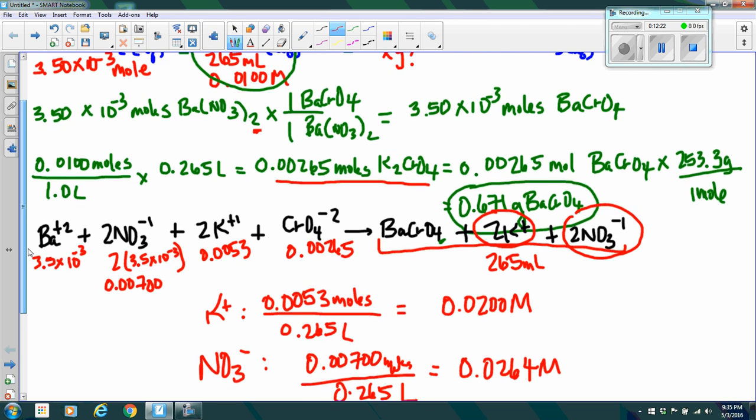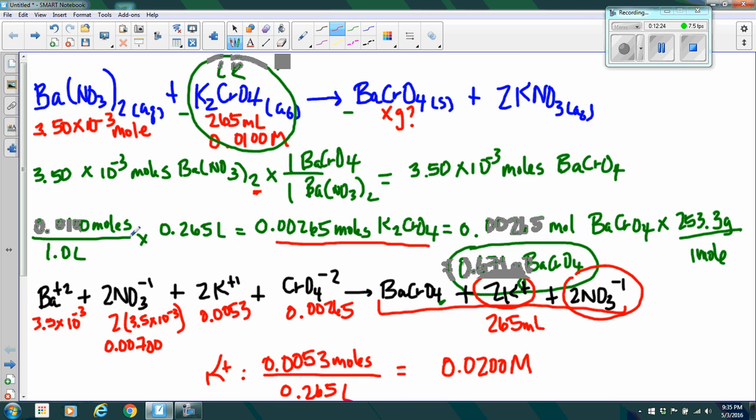Okay, now here's where the limiting reactant part comes in. So I got to go back and look up here, and I can see that potassium and chromium are my limiting reactants. So if I take a look down here, I have my barium and my chromate. Well, do you see how this chromate matches this chromate way down here? So that means that all of this is being used up to make and go into my solid.